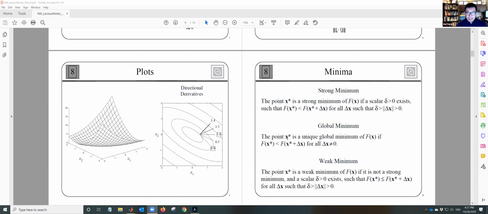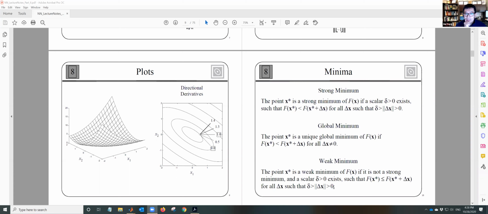X star is a unique global minimum of f(x) if this is true for all delta x not equal to 0. And a weak minimum: x star is a weak minimum of f(x) if it is not a strong minimum, and a scalar delta exists such that f(x star) is less than or equal to f(x star plus delta x) for all delta x such that delta is greater than the norm of delta x, which is greater than 0.